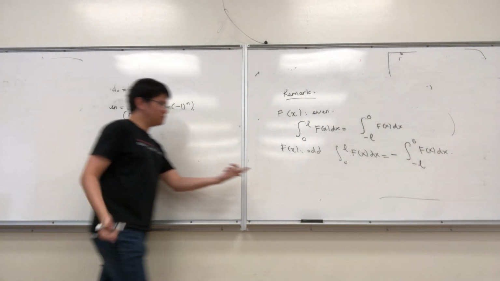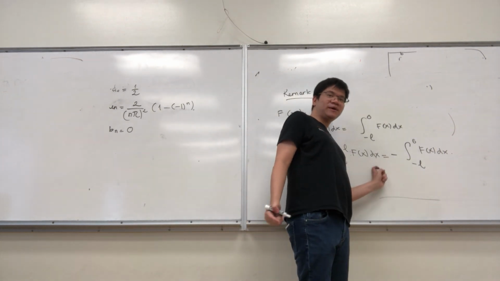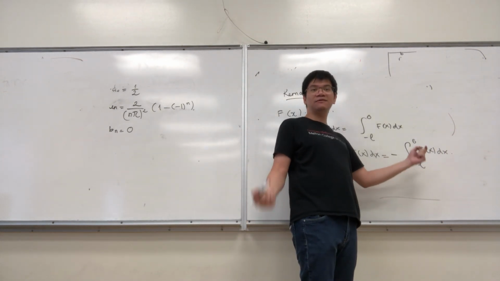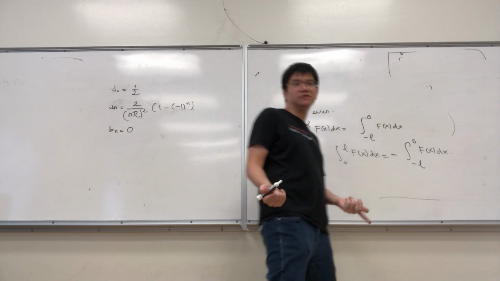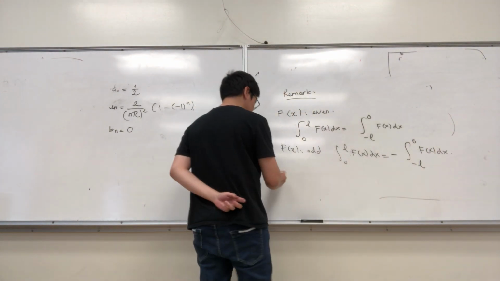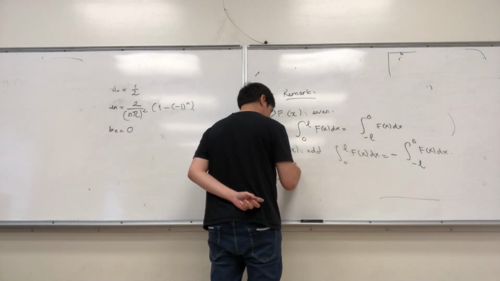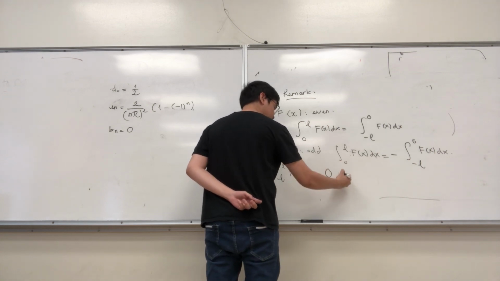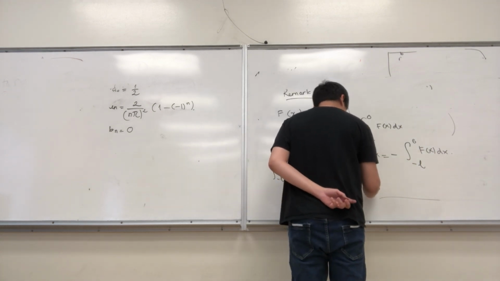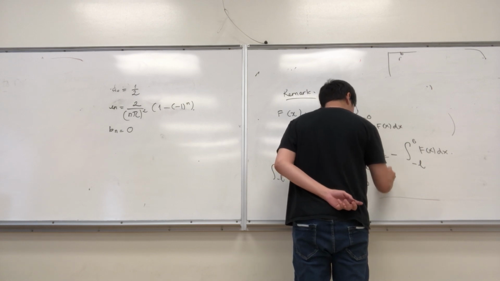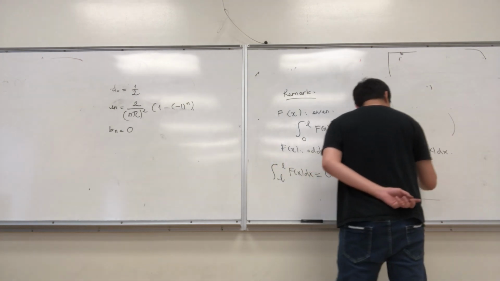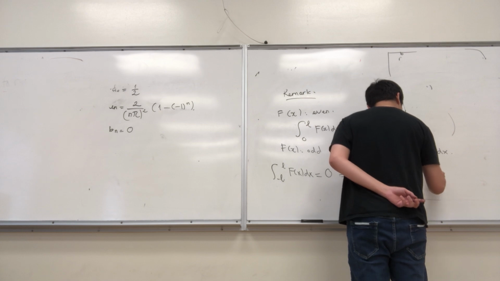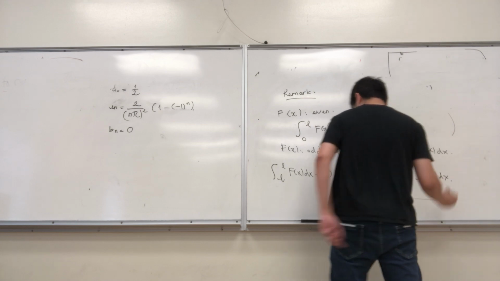Because this one is the negative of the other one, when you take the whole interval, it's going to be 0. So the integral from -L to L of f(x) dx is 0, which means the integral from 0 to L plus the integral from -L to 0 of f(x) dx is 0.